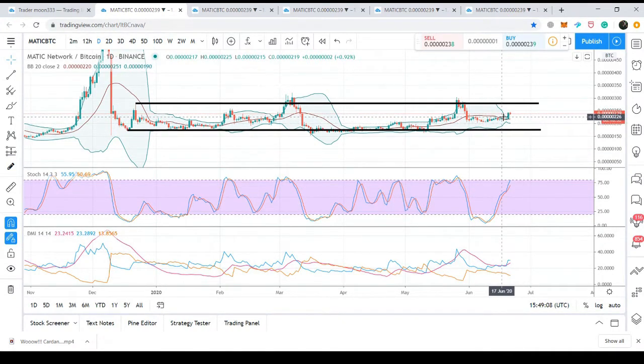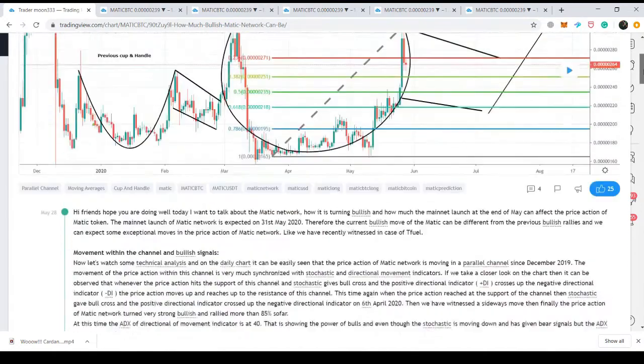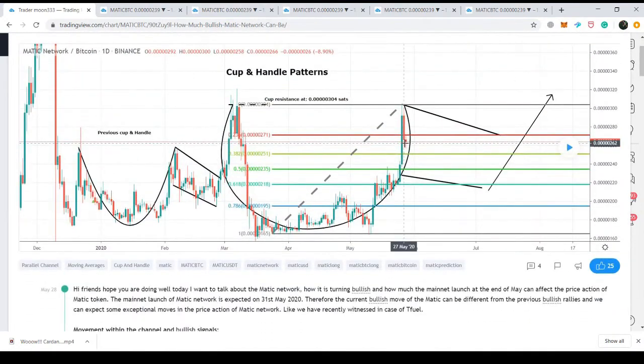And there was another signal that I posted in my previous article, and I also showed that move in my previous video as well, and that was the formation of this cup and handle pattern that the price action is forming with continuity and consistency. First it formed this pattern here, and now finally it formed a bigger pattern than the previous one, and it was just completing the handle of this cup.